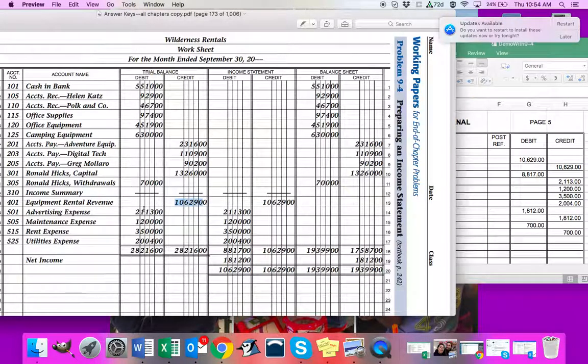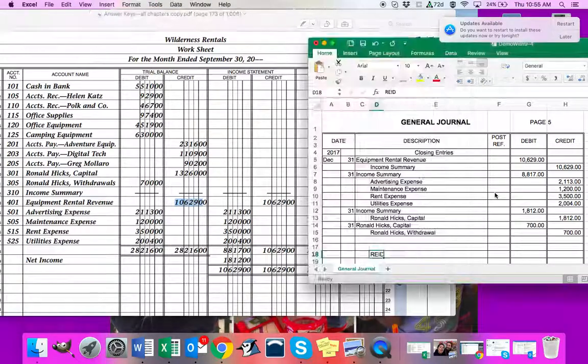Okay, well, expenses carry a debit balance. In order to zero them out, we're going to take all of the expenses and credit them for their amounts. Now notice before that I have income summary. Income summary is going to be debited because our expenses are going to be credited, and we always want to record debits first, so I put income summary first.